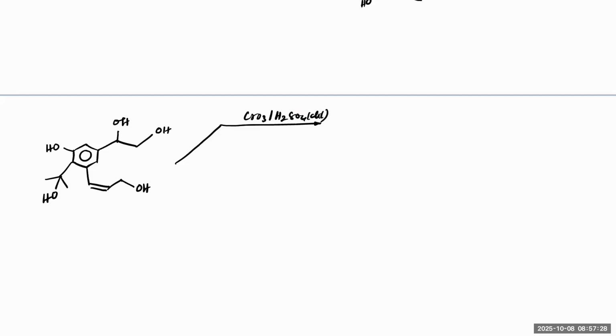Now this is called Jones reagent. In the presence of Jones reagent, secondary will become ketone, primary will become acid. Nothing will happen to tertiary. The double bond is not going to get disturbed, and the allylic position and benzylic position will still remain aldehyde.